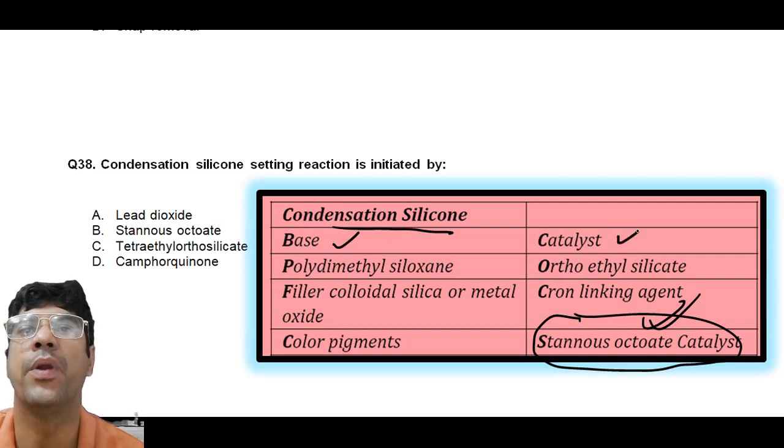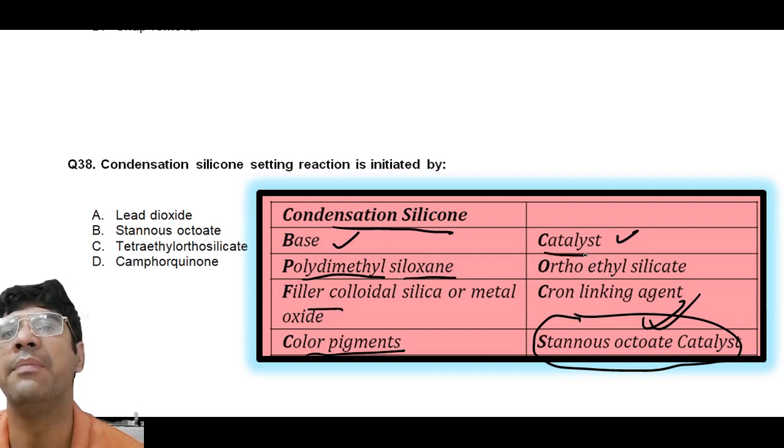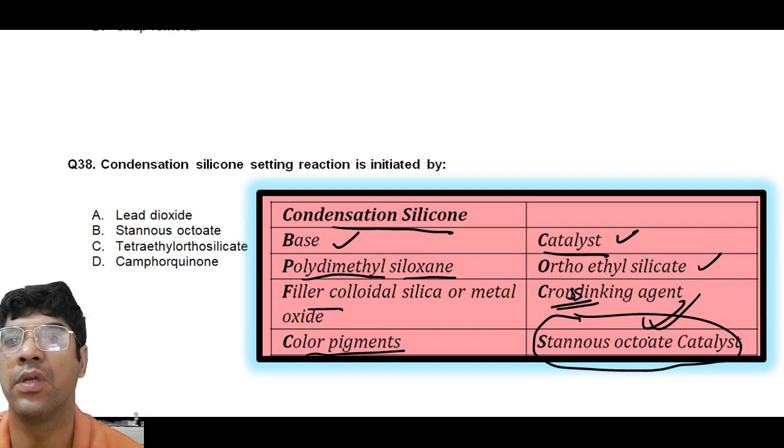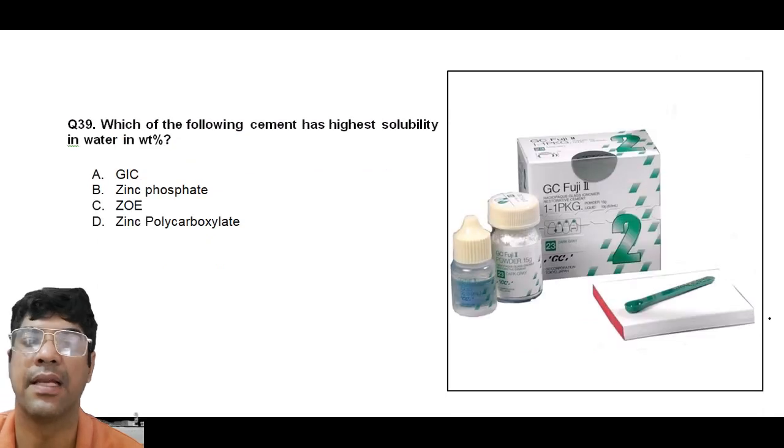So remember the components of condensation silicone, the base and the catalyst. The base has polydimethyl siloxane, filler and color pigments, and the catalyst components are orthoethyl silicate and cross-linking agent. Stannous octoate is the catalyst.